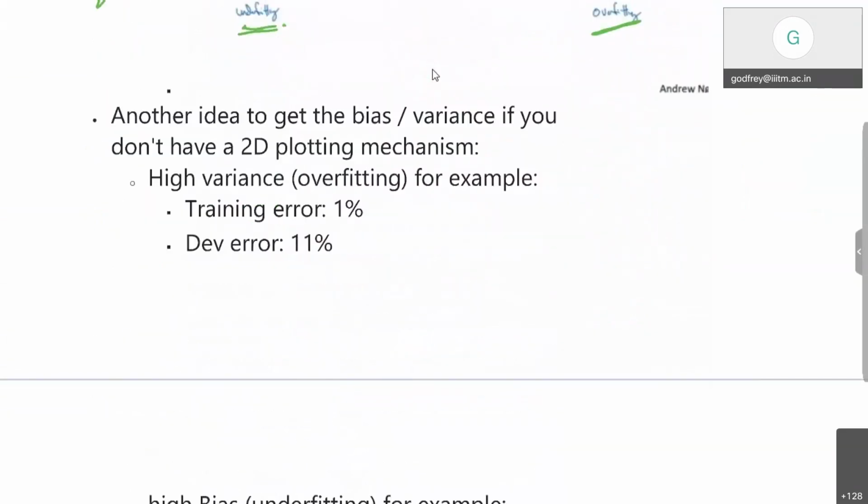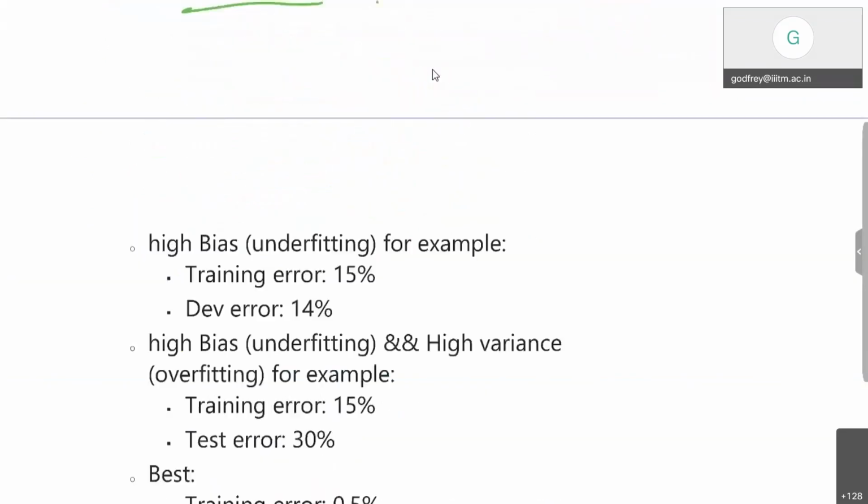On the other hand, if you are not able to do a 2D plot, then you can have some information with respect to the training error and the development error, and then you can have some inference with respect to high variance. Here your model performs very well with respect to the training, but it performs very poorly with respect to the development. So it means that the model is suffering from high variance.